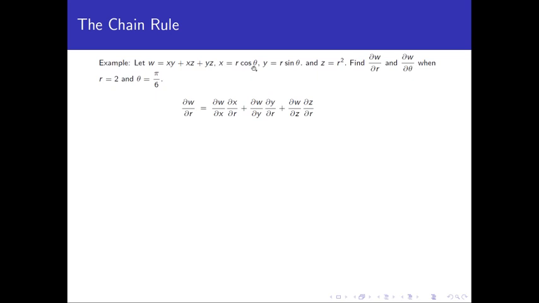Now, again, we could brute force it. We could take r cosine theta, plug it in for x, take r sine theta, plug it in for y, take r squared, plug it in for z, and just do the derivative. But we want to be a little bit more elegant and use the chain rule here.